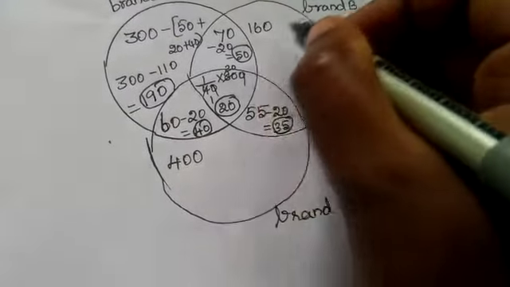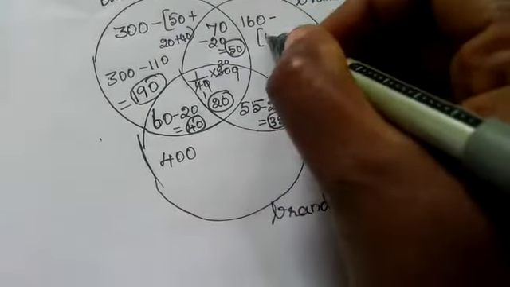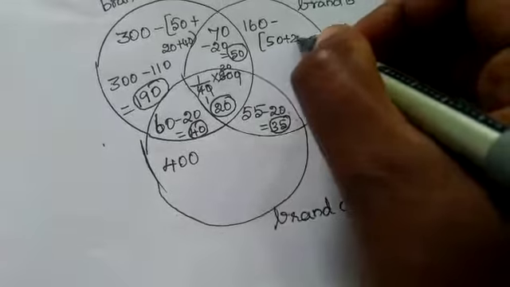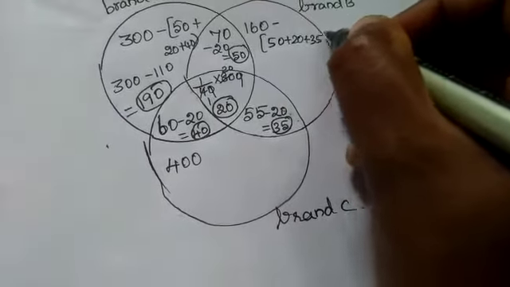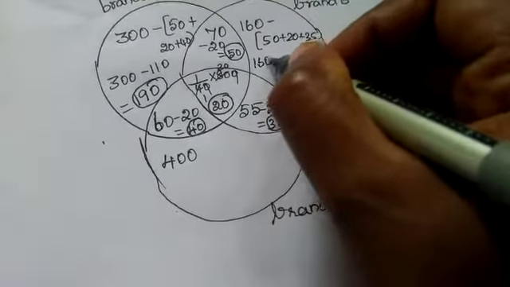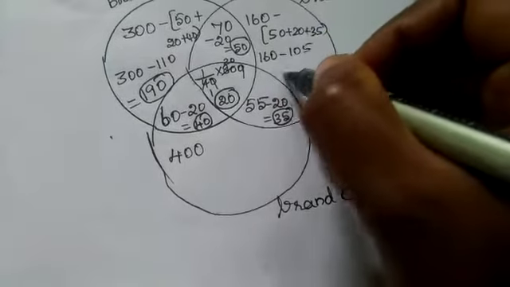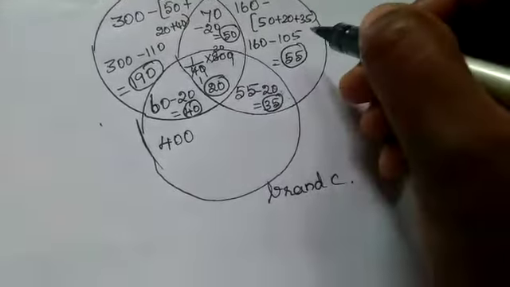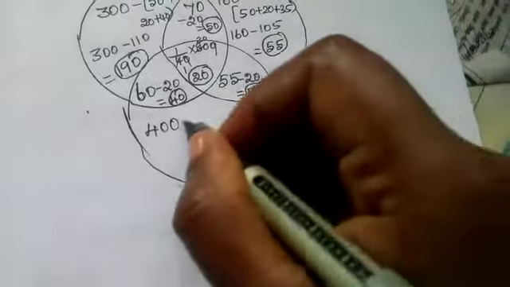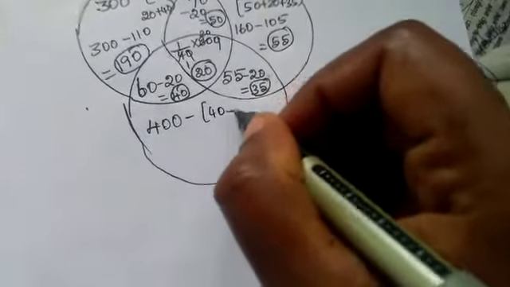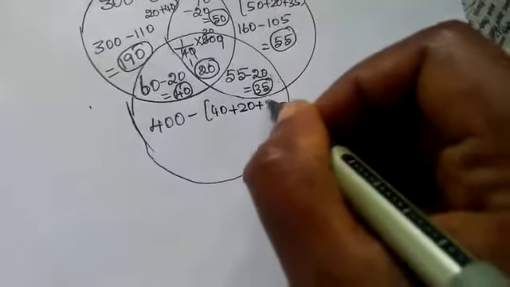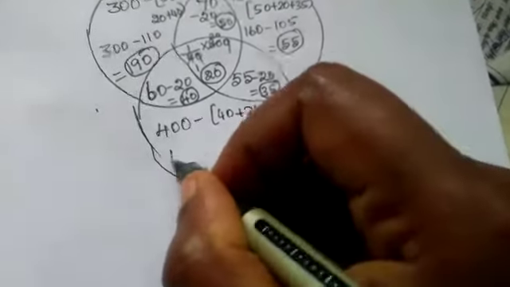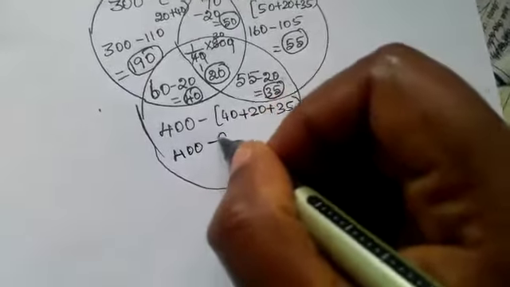Next, B alone: 160 minus (50 plus 20 plus 35). 160 minus 105. What is the answer? 55. Next, C alone: 400 minus (40 plus 20 plus 35). 400 minus 95.